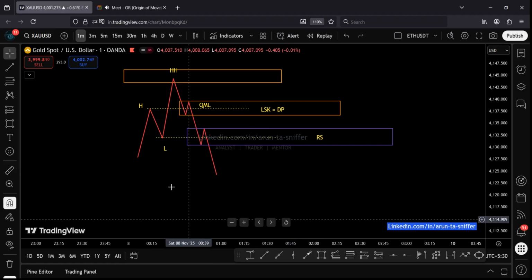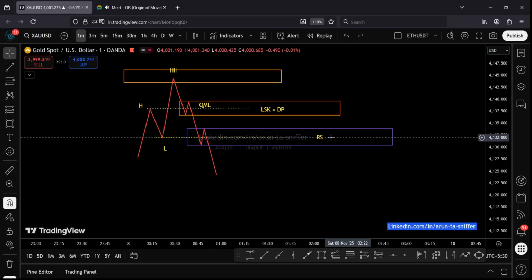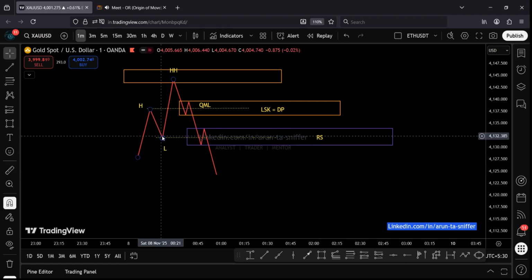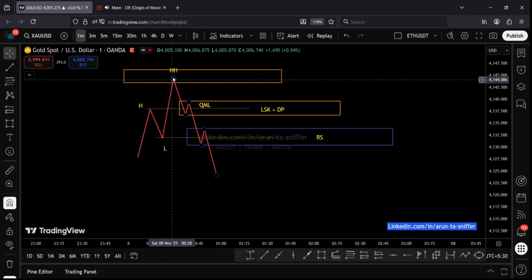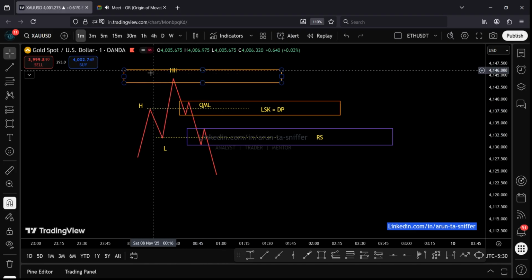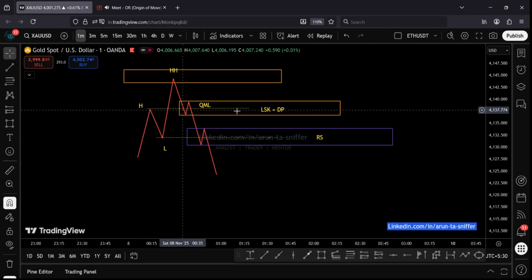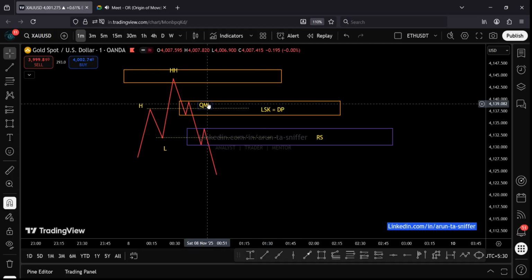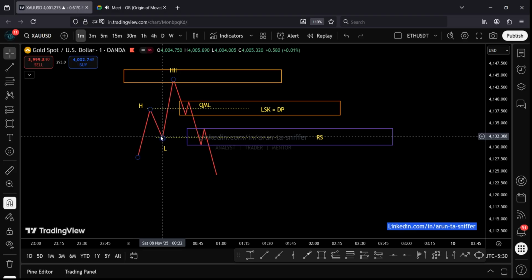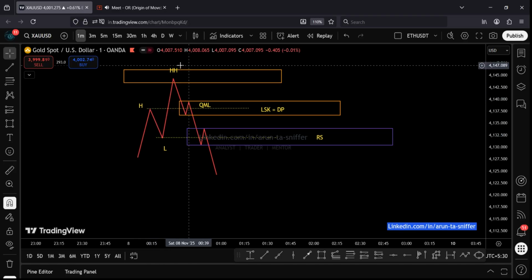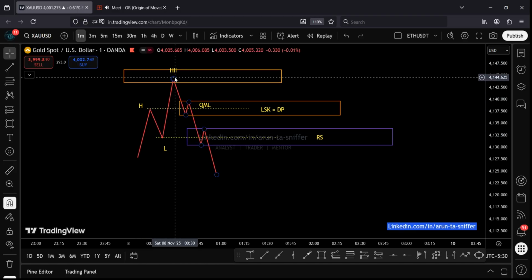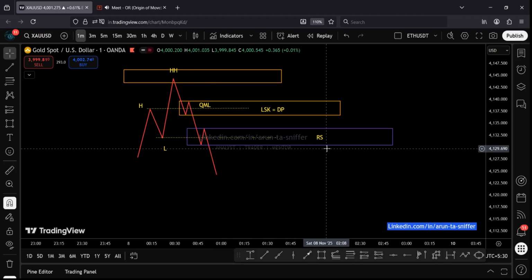But when this RS level has hit the true zone. This one is a true zone. This one is also a true zone, and LSK or DP is also called a true zone. So when this low goes up and hits the true zone, remember the condition is it goes up and hits the true zone, right?